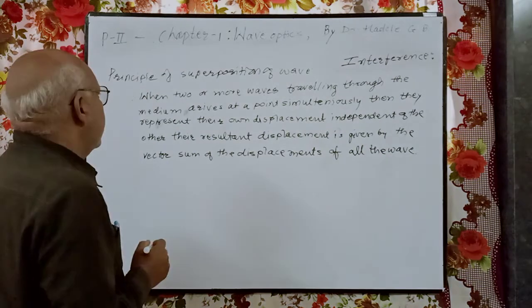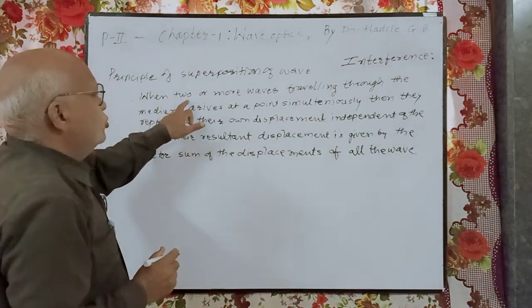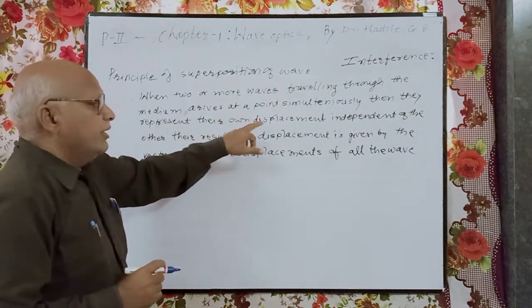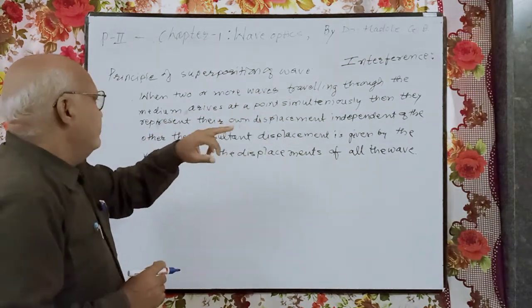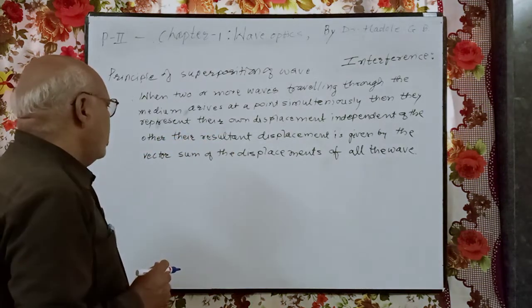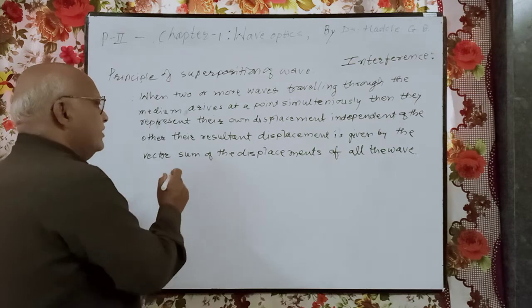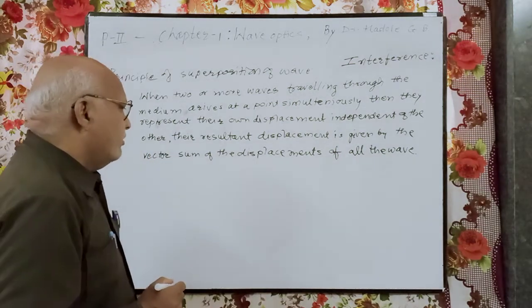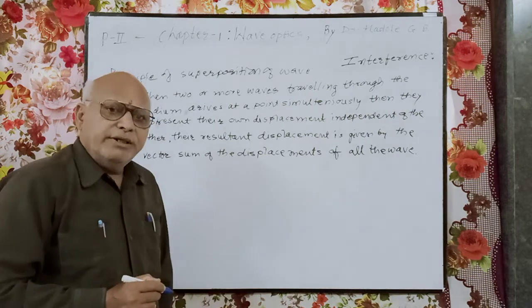It states that when two or more waves traveling through the medium arrive at a point simultaneously, then they represent their own displacement independent of the other. The resultant displacement is given by the vector sum of the displacements of all the waves.